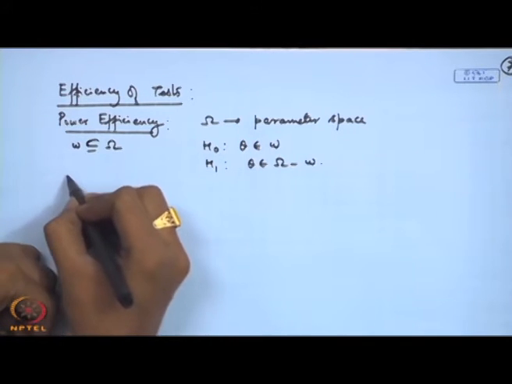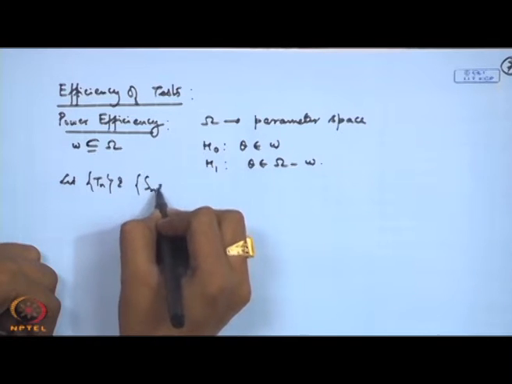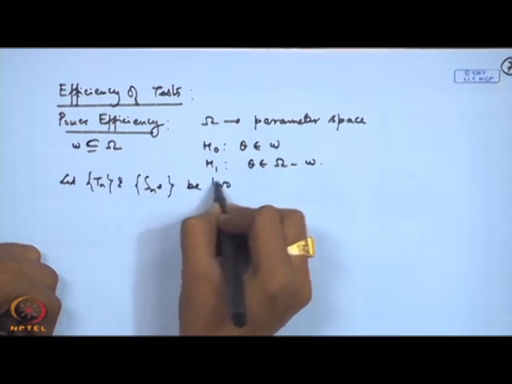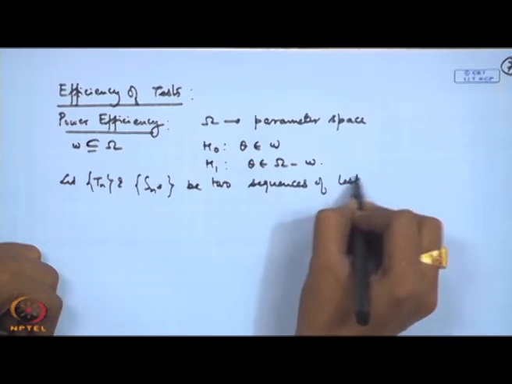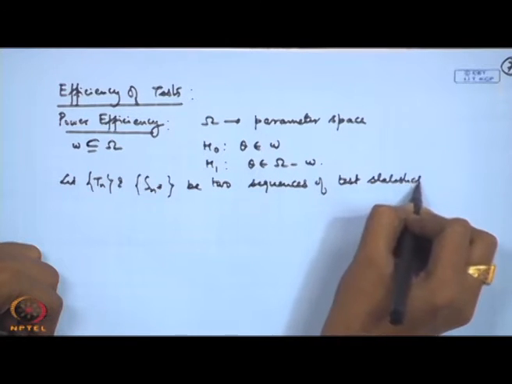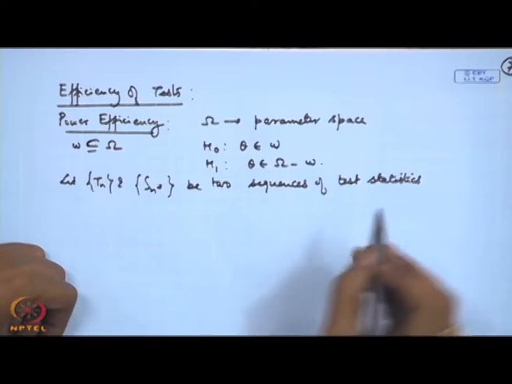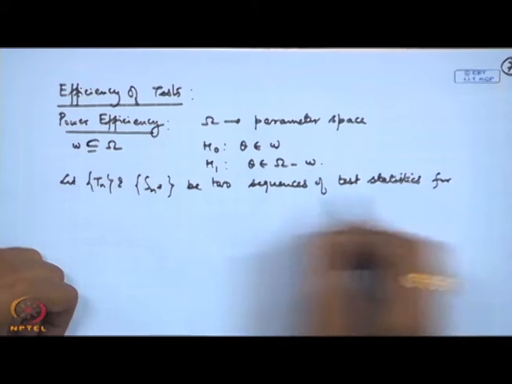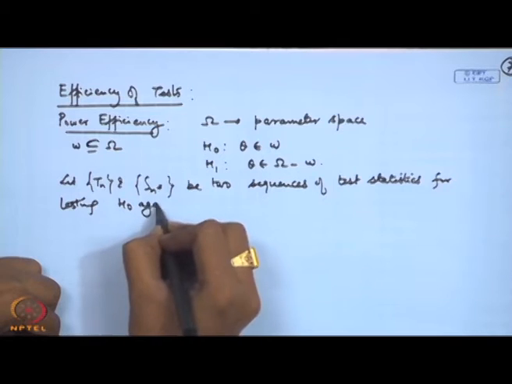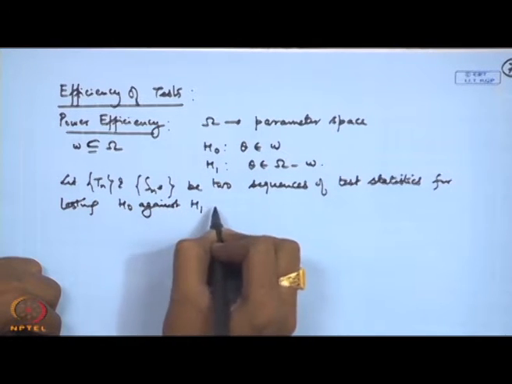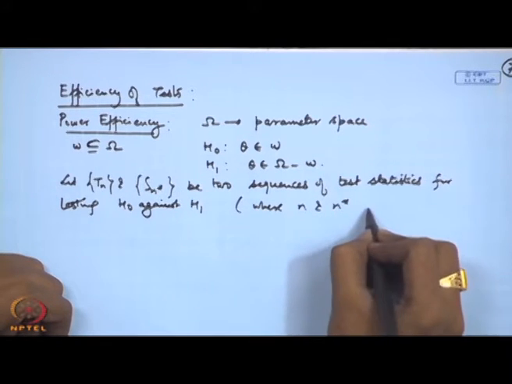Let us consider, say, T_n and S_n star to be two sequences of test statistics. We consider sequences because they are based on the sample size, and the sample size may vary. They are for testing H0 against H1. Here n and n star are the respective sample sizes.